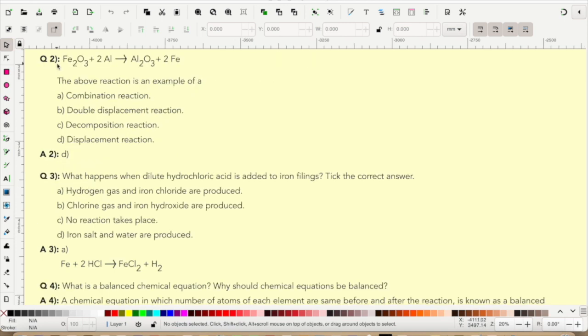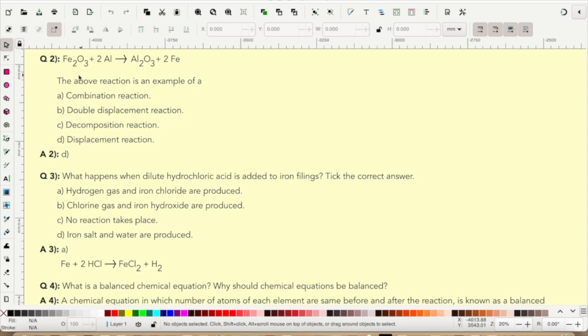Second question, Fe2O3 plus 2Al is changing to Al2O3 plus 2Fe. We have to check which type of reaction it is. First option, combination reaction. It cannot be a combination reaction, as we know two or more reactants combine to make a single product. Here two products are made, so it cannot be a combination reaction. Second option is double displacement reaction.